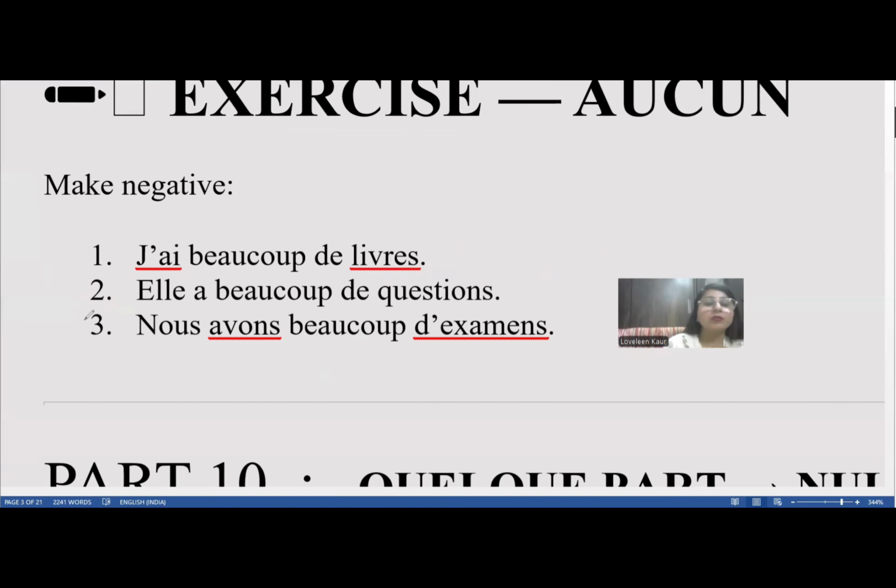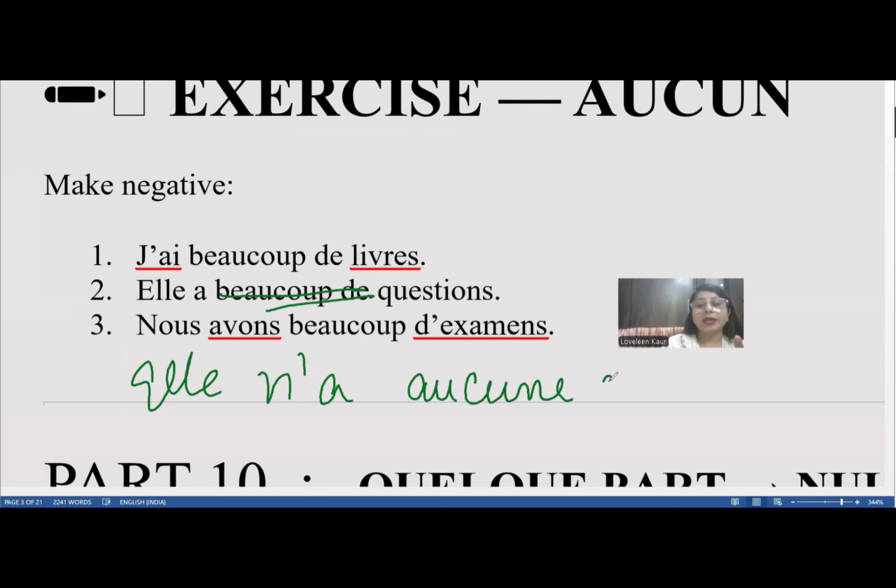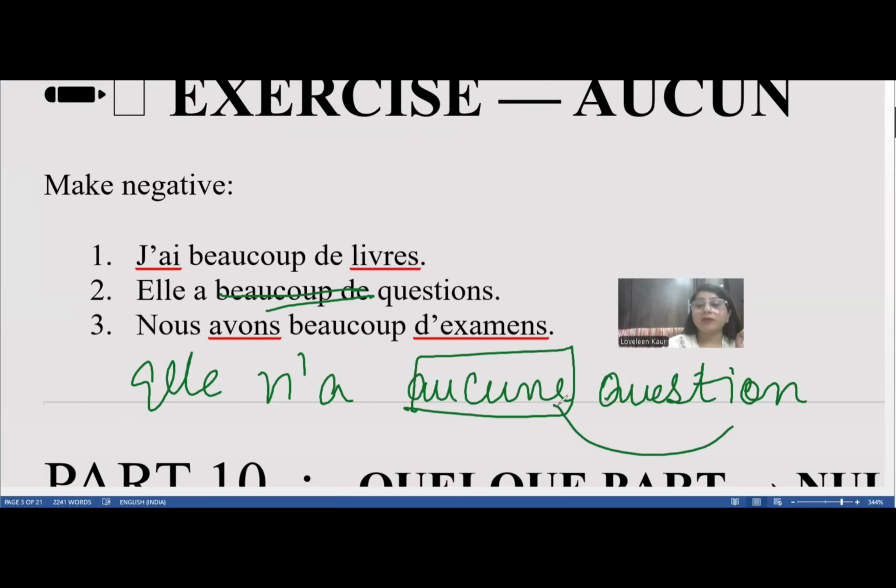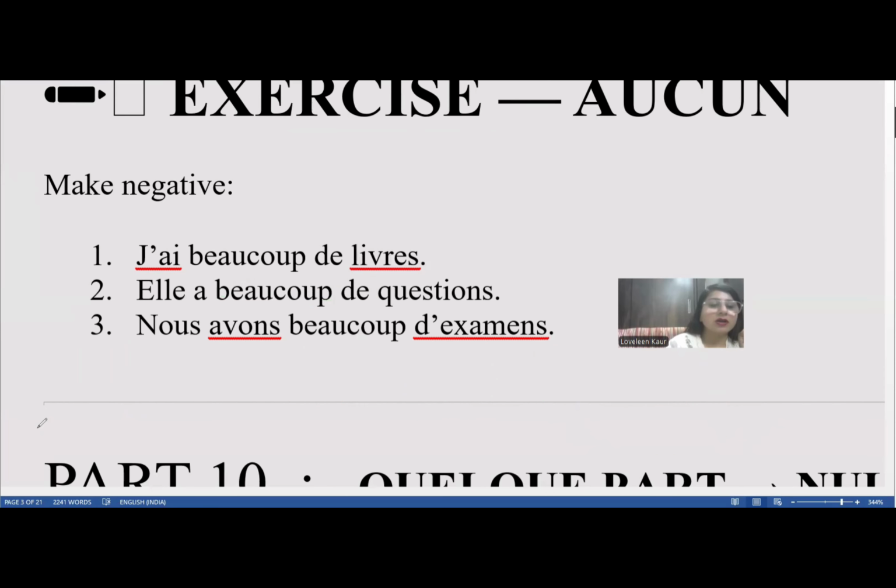So if the person is saying elle a beaucoup de questions, she has many questions, and you want to make it negative, you want to say she doesn't have any question, you will say elle n'a, and now beaucoup de will go away. You'll say elle n'a aucune question. We'll make it singular only. And aucune I have used. Why? Because it's a feminine word. Aucune question. D'accord? Comme ça.